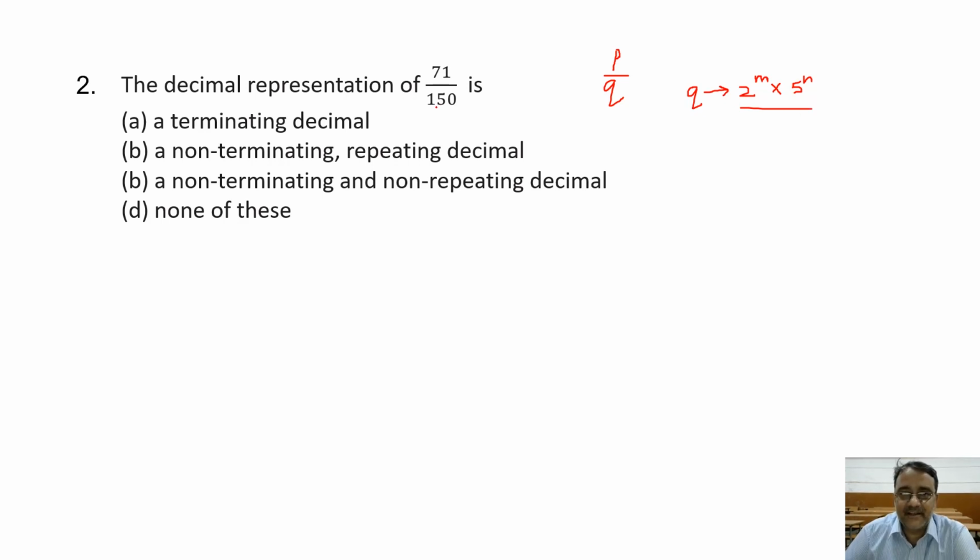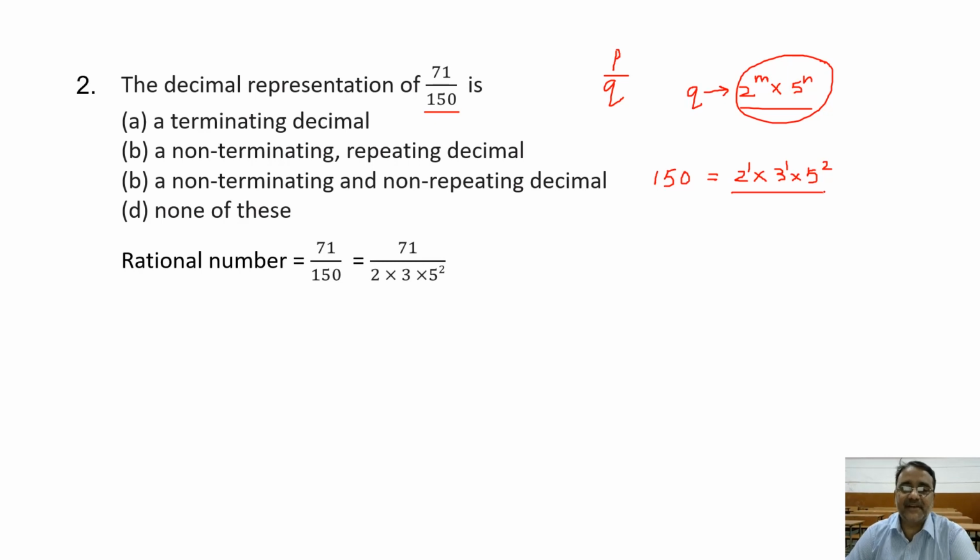So see 150, how will you write it in prime factorization form? 25 into 6, okay. 6 means 2 into 3 into 5 square, right. 3 and 2 have power 1. So this is not in that form. I told you that there should not be another factor besides these two. So then it is non-terminating repeating decimal. Clear? So rational number 71 upon 150 we can write as 71 upon 2 into 3 into 5 to the power 2.